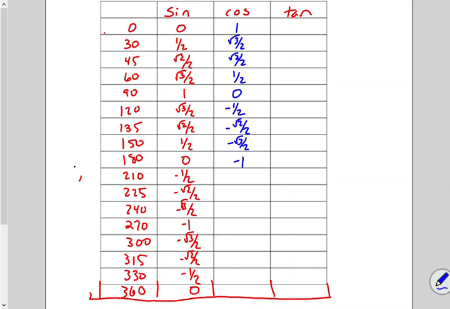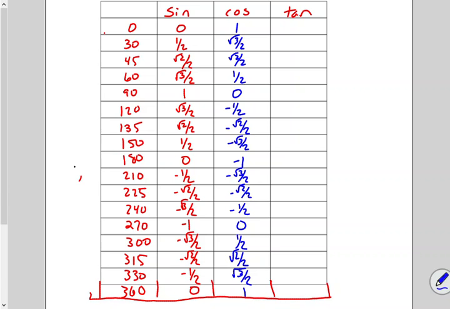Once it hits that, it continues, it's still in the negative realm, so negative root 3 over 2, negative root 2 over 2, negative 1 over 2, to 0, back to 1/2, root 2 over 2, root 3 over 2, and then back to 1.